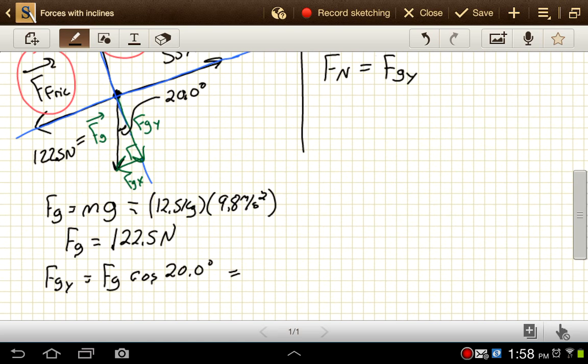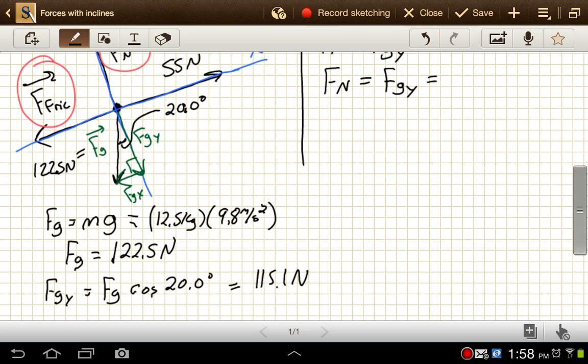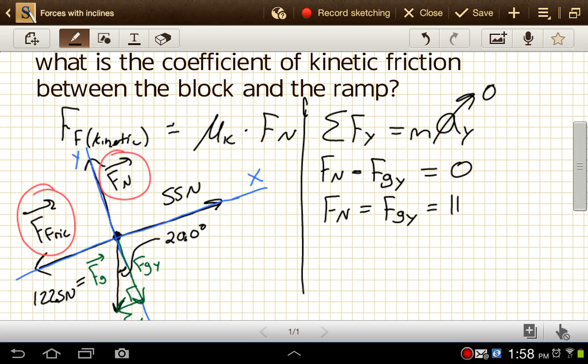There we go. Cosine of 20 degrees is 115.1 newtons. So I can come back up here, normal force, gravitational force in the y direction, those are both equal and they are 115.1 newtons.